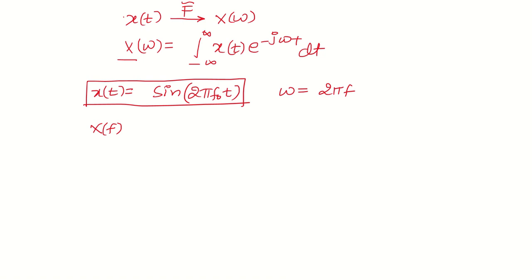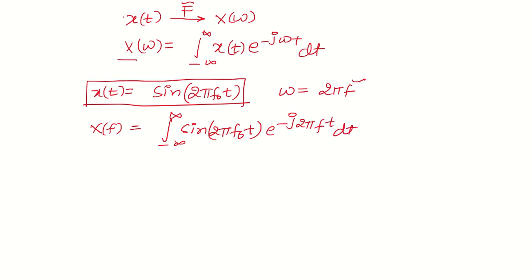Omega is your angular frequency, f is your normal frequency. So X of f equals the integral from minus infinity to infinity of sine 2 pi f naught t, times e raised to the power minus j, where omega is again the angular frequency, which can be represented as 2 pi f, into t dt.